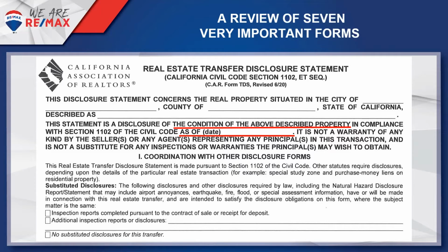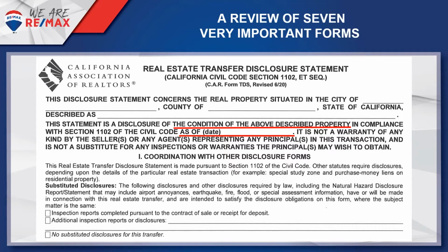You deliver that form late in the transaction, and you're not sure what zone it's in, there could be a downside, because delivery of that form gives the buyer an unrestricted right of rescission. And of course, if you deliver it within your 7-day window, they've got 17 days, so it doesn't matter.